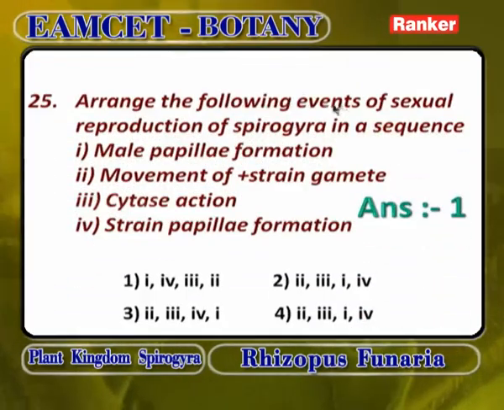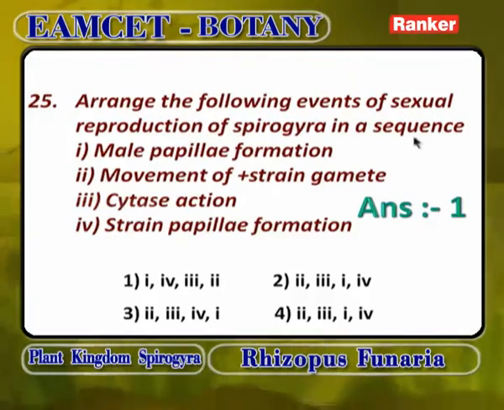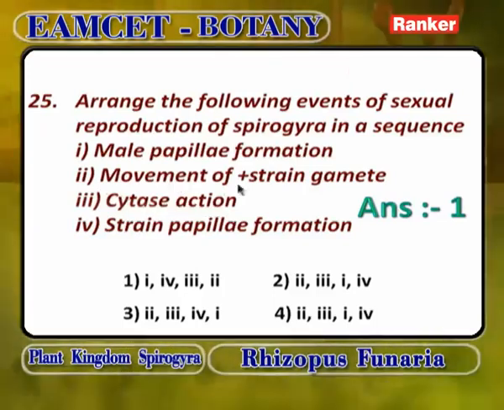Arrange the following events of sexual reproduction of Spirogyra in correct sequence. 1, 4, 3, 2. Male papillae formation is first. Then female strain papillae formation, that means the female strain also starts producing papillae. Then cytase action occurs immediately. Then movement of the plus strain gamete.